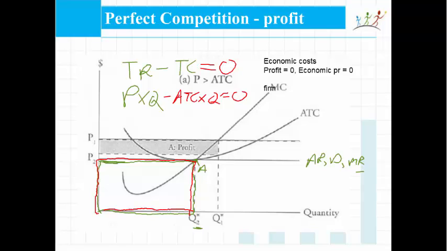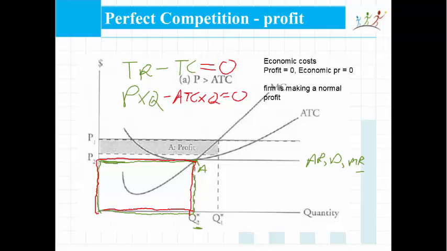It means that the firm is making a normal profit. The firm is doing nothing extraordinary. In the long run, competition will drive all firms to normal profits, or competition will eliminate supernormal profits.